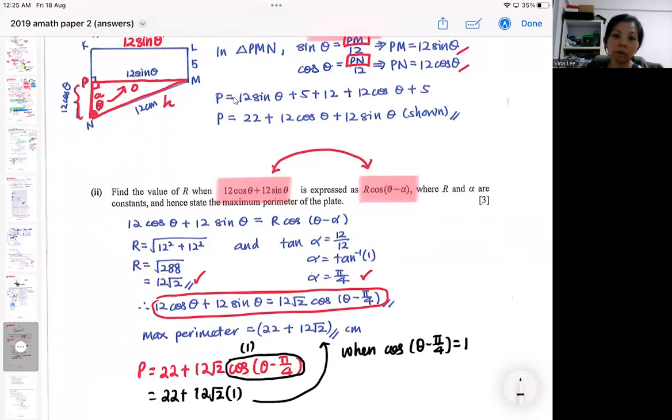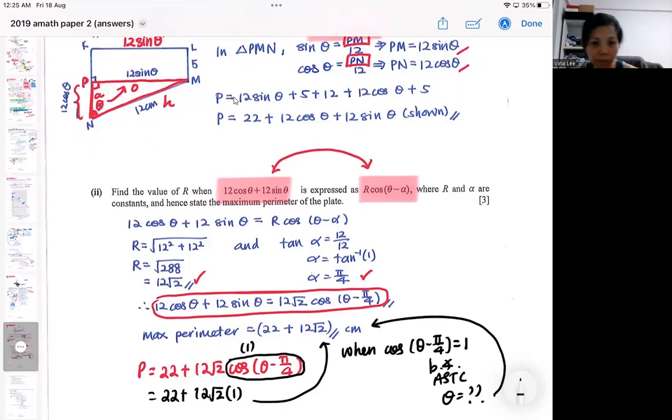The question only asks for the maximum parameter, so I will not need to find the corresponding value of theta. If they do, then you need to continue with basic angle ASTC in order to find the theta that corresponds to this maximum parameter.